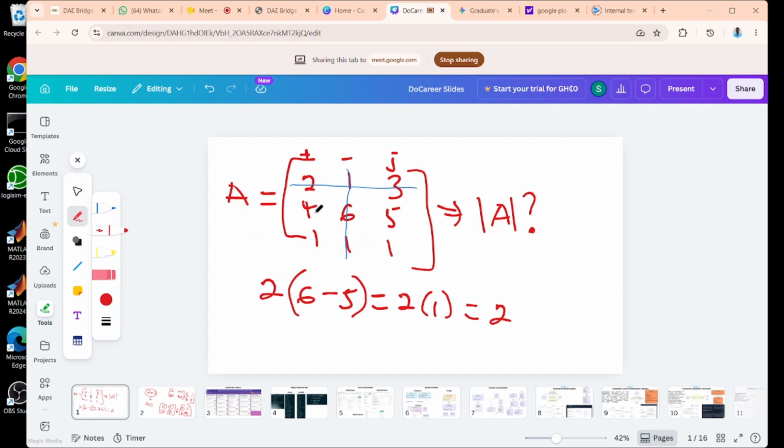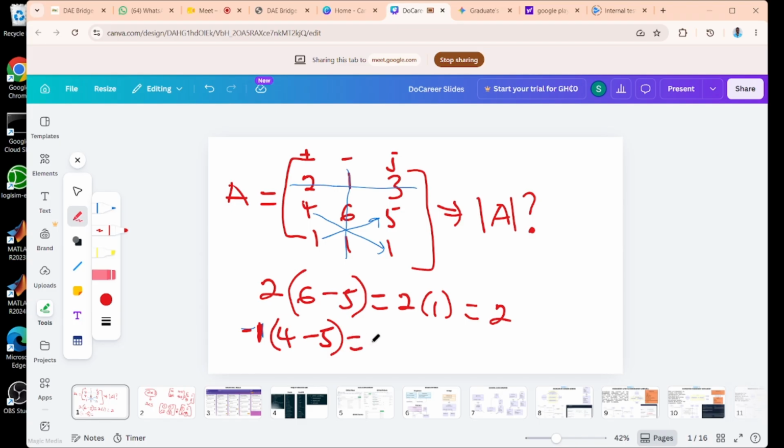But we do the same thing where we use 4 times this 1 minus 1 times 5. Because it should be negative, I'm doing negative 1, because that's the J position. This negative must come for the J, the middle one. So because it is 1, I'm doing negative 1 multiplying 4 times 1, which is 4, minus 1 times 5, which is 5.